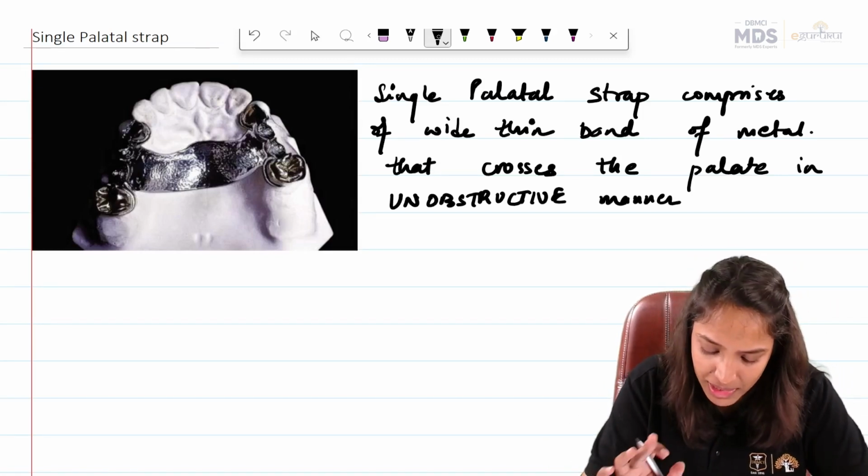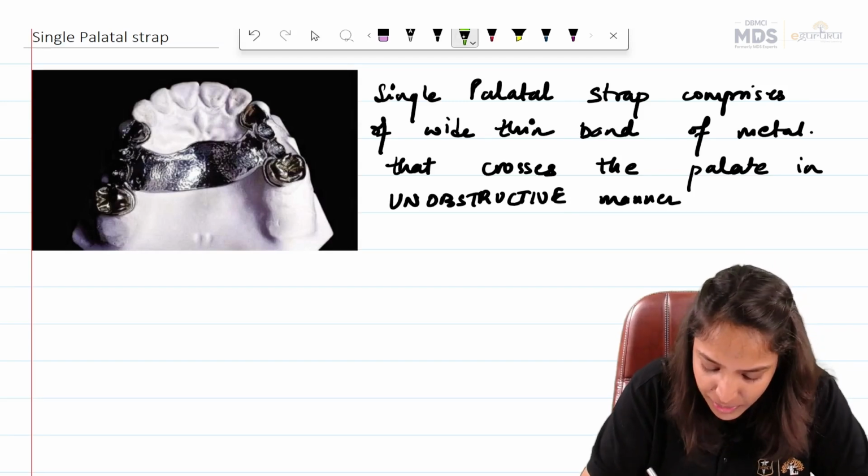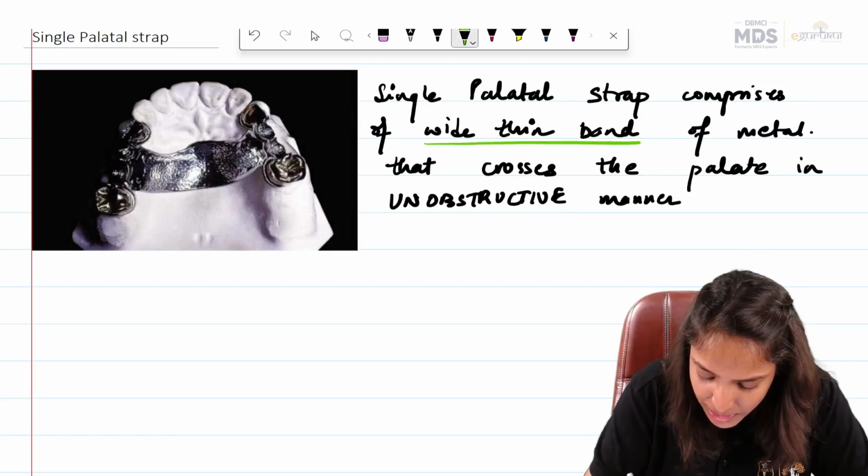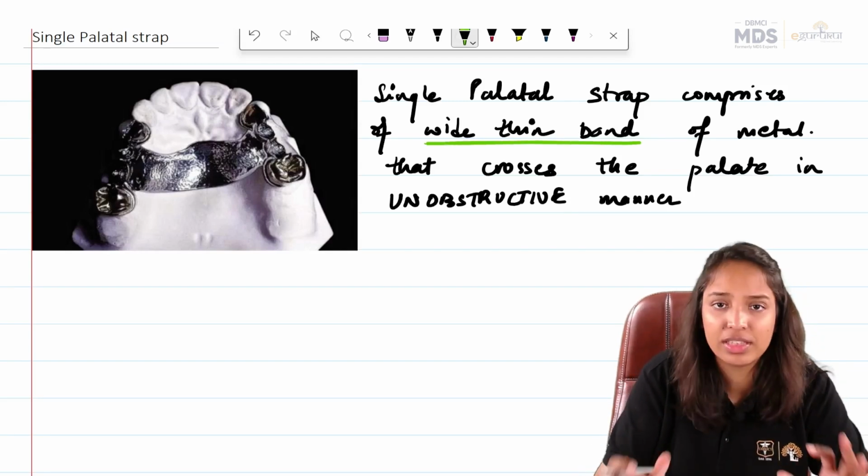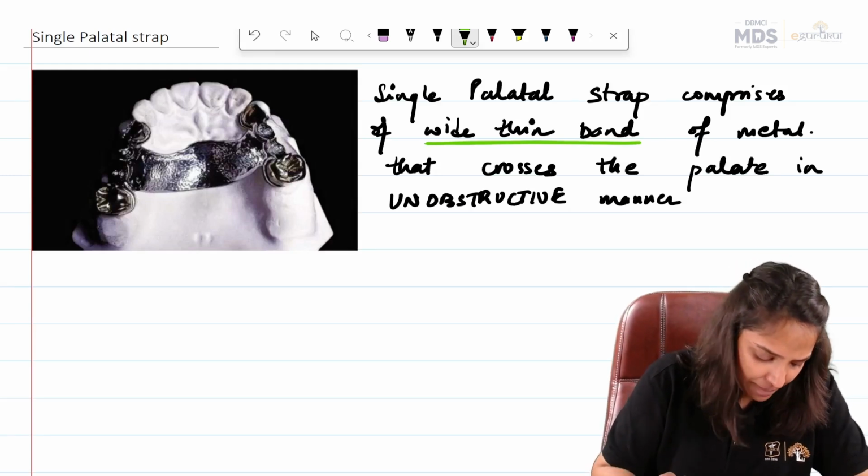It crosses the palate in one go. The word that we need to remember here, it is a wide and a thin band of metal.